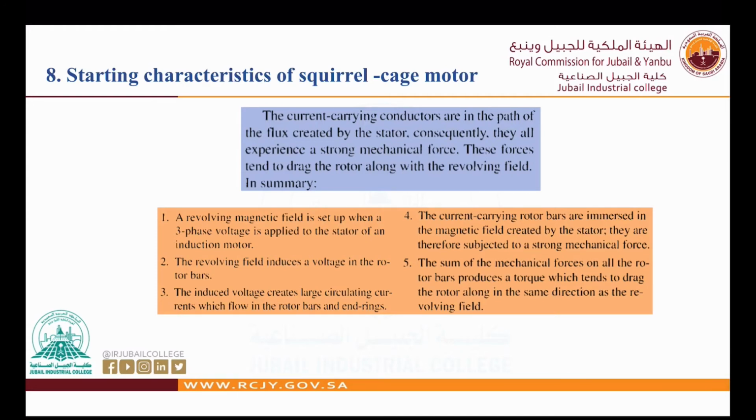So this interaction between the two magnetic fields will cause a torque to be developed, and this torque is going to move the rotor in the direction of the stator revolving magnetic field. Okay, this is all about it.